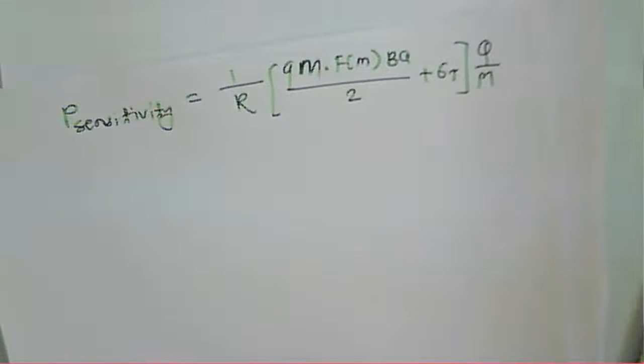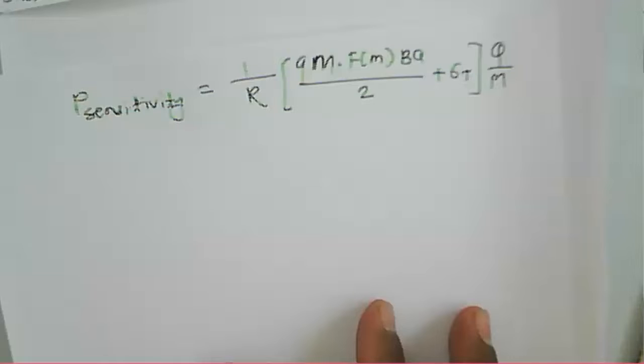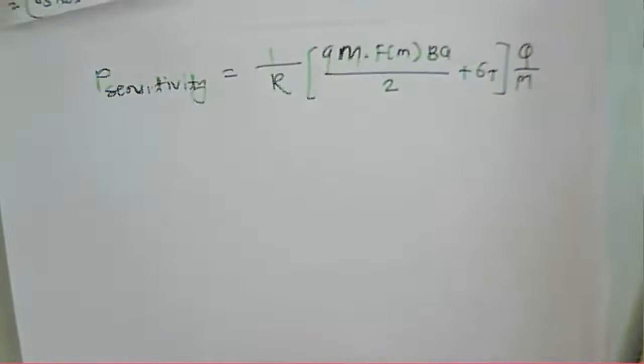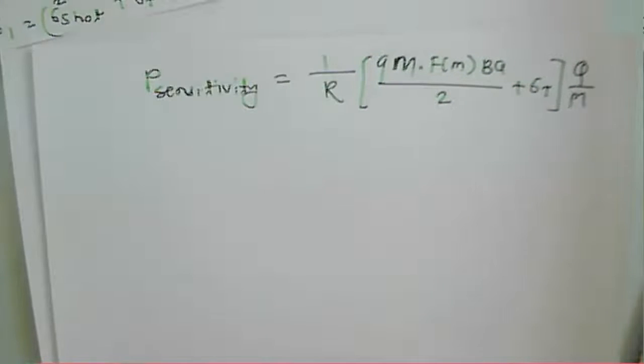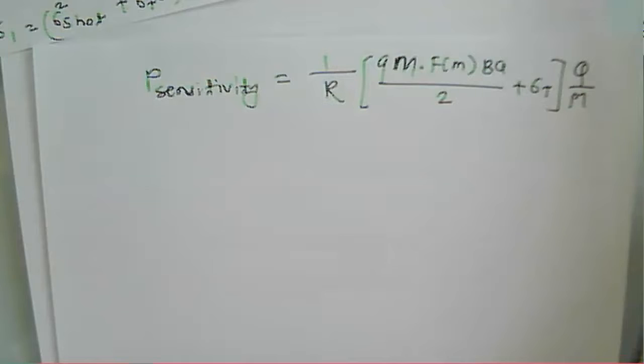Okay, that is about the receiver sensitivity. And we stop here, and we'll see what the quantum limit will be, or what the minimum power level required for this particular receiver is.